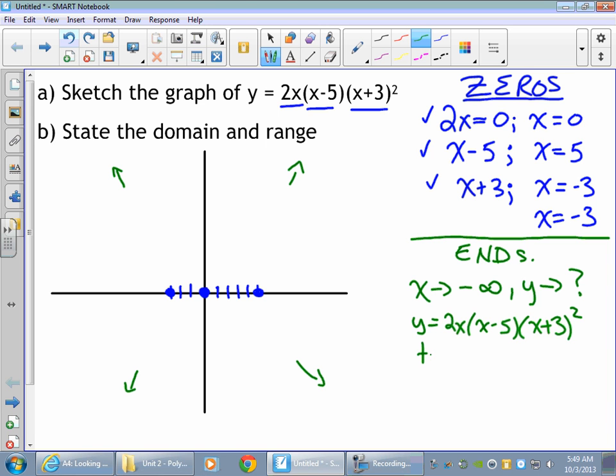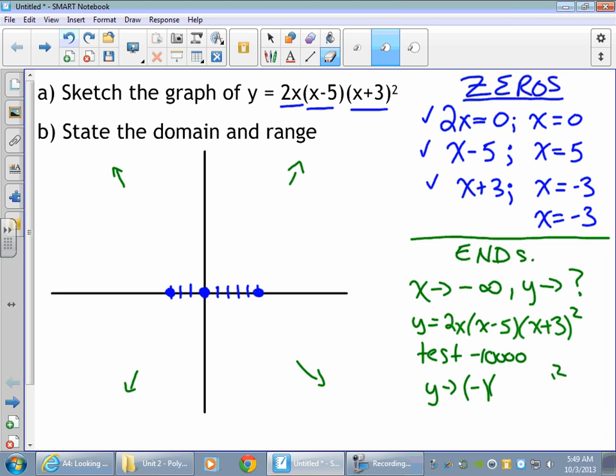If I test a value like negative 10,000, then the 2x becomes a negative number, so y is headed towards a negative number in the first case, times a negative number for x minus 5, times a negative number for x plus 3, which would then be squared. Sorry, I didn't want to put 1s in there. I wanted to put negatives in there.